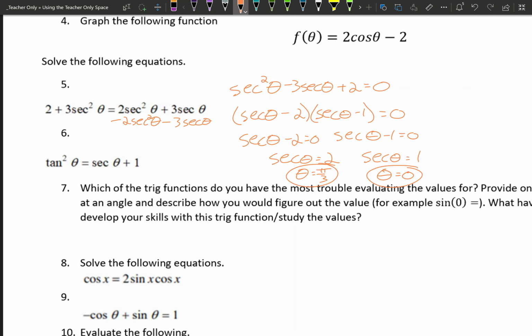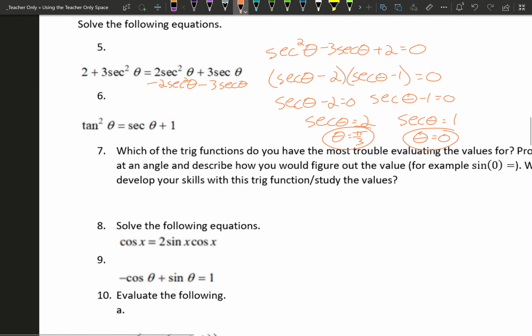Each of the versions also had a problem where you could use a Pythagorean identity, like number 6 here. We know that tangent squared theta, or x, plus 1 is equal to secant squared x.